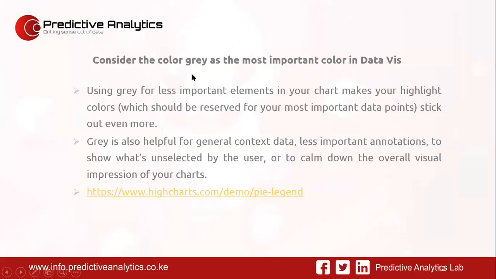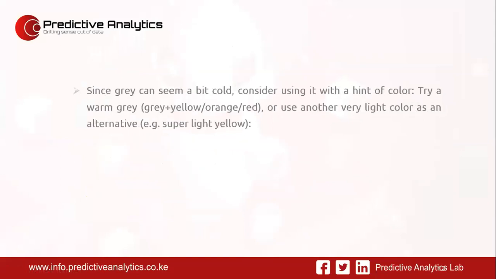that was the use of color gray. Since gray can be a bit cold, consider using it with a hint of color. Try a warm gray, that is gray plus yellow plus orange plus red.